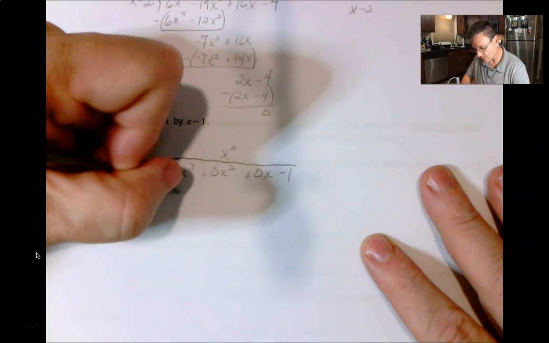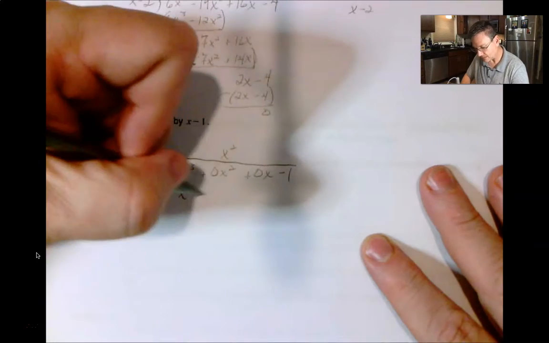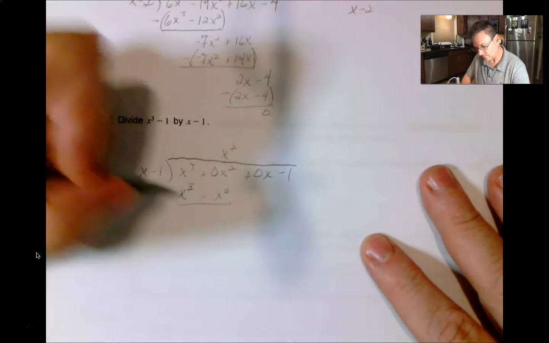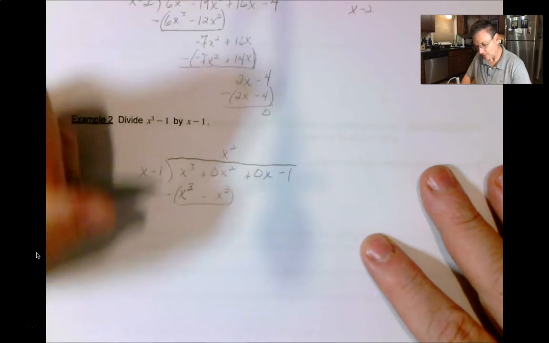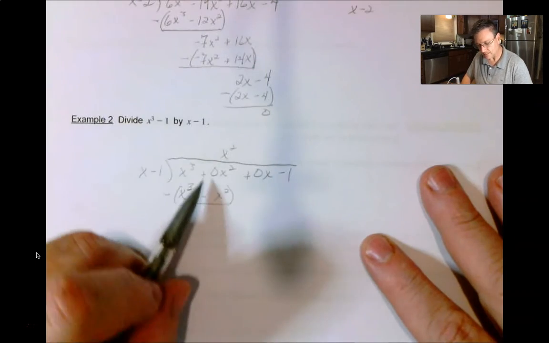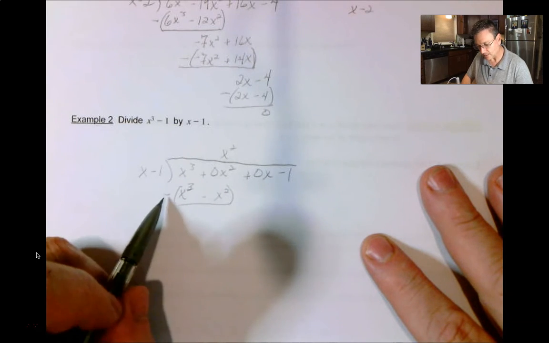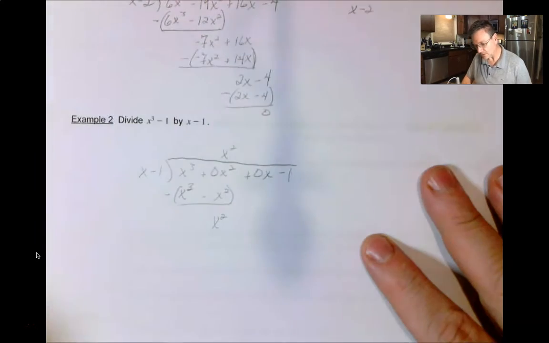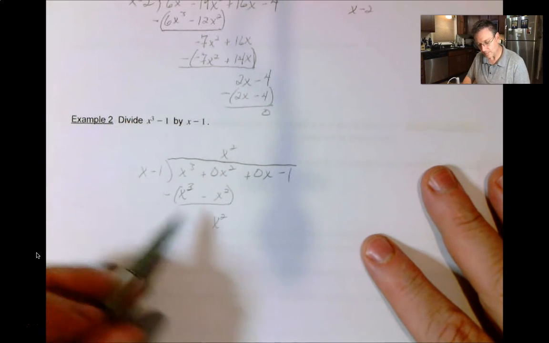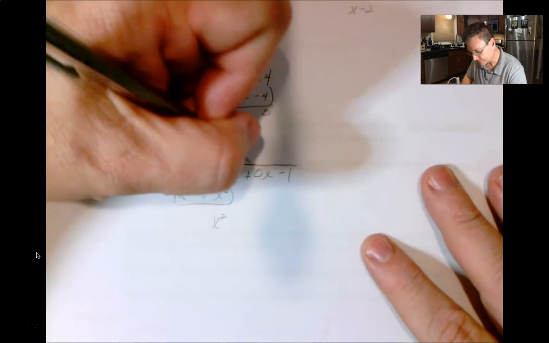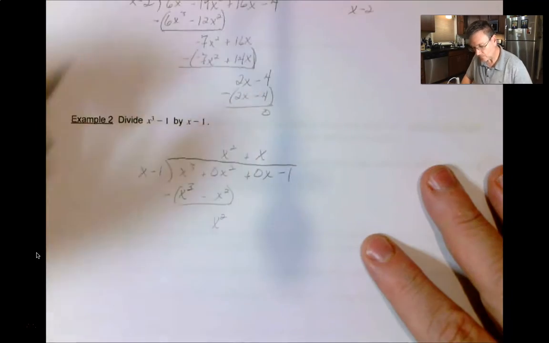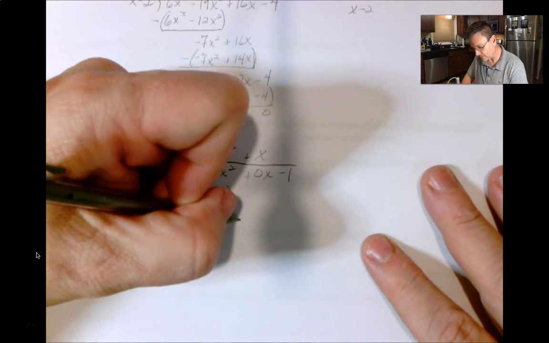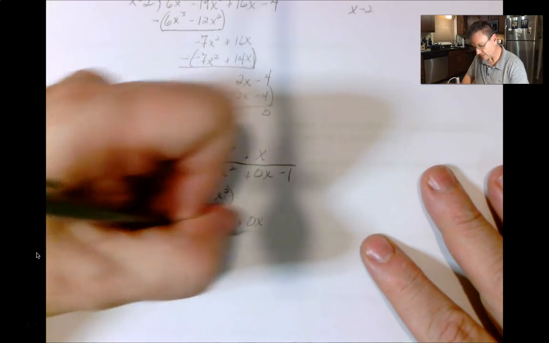So x cubed minus x squared. Those cancel. 0x squared minus a negative becomes plus x squared. Multiply by x. Carry down the plus 0x.